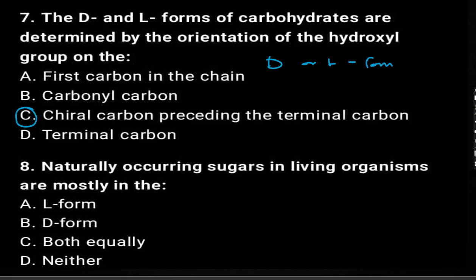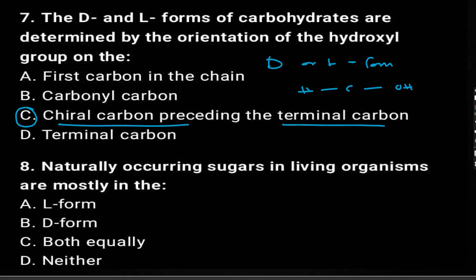The terminal carbon is the carbon at the end of the chain, and the carbon next to it is the one you consider. We just consider the position of the hydroxyl group. If it is to the right, it is in D form, and the opposite of it is the L form carbohydrate.